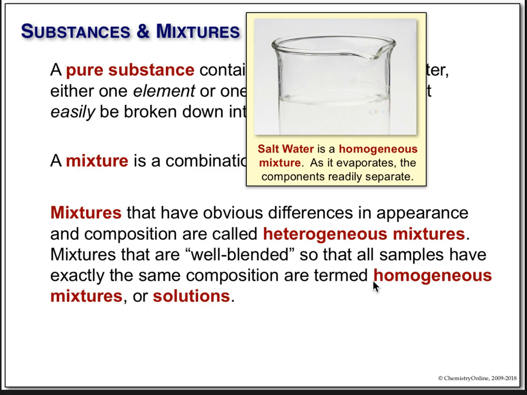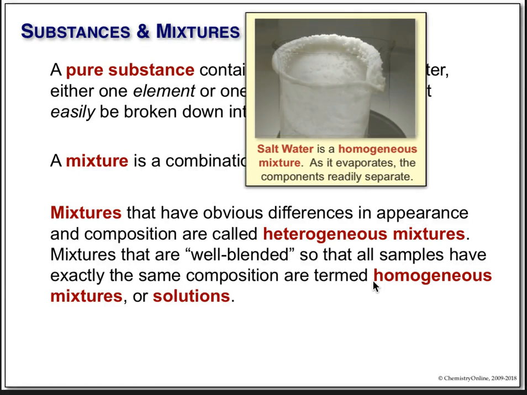If I take a sample from this side and this side, they're the same. I can separate them, however, if I let this thing just sit out, the water evaporates, and I'm left with the salt. So it's a mixture. Any questions?